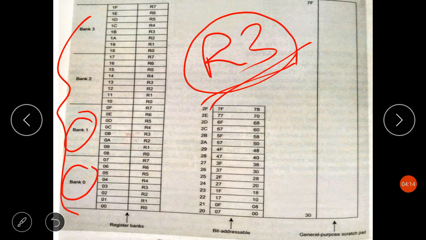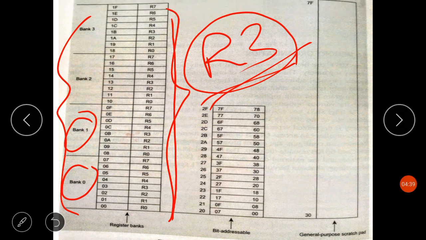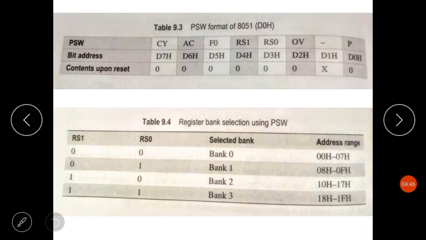So again I am repeating: if I have to address any one of the 32 working registers by its name, meaning R0, R1, R2, R3, R4, R5, R6, R7, the first step is to select the bank, and the bank can be selected by the program status word register.